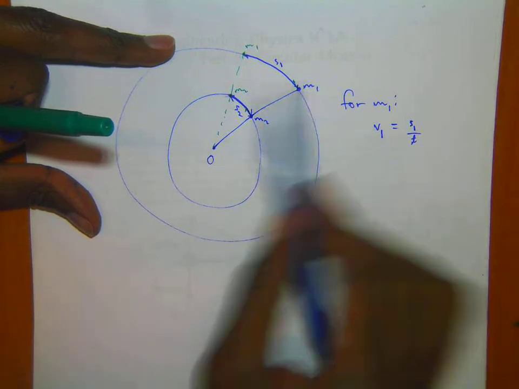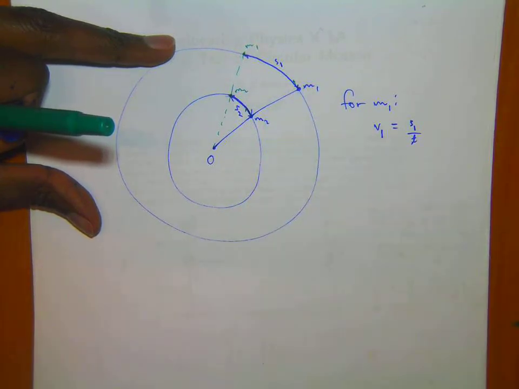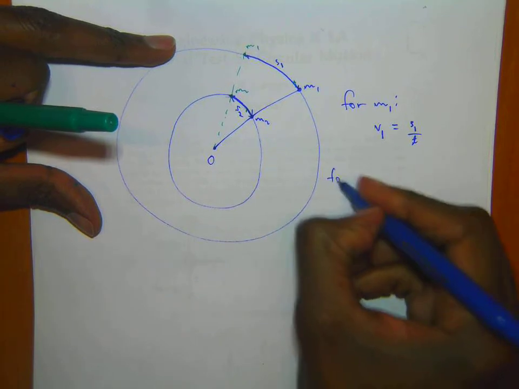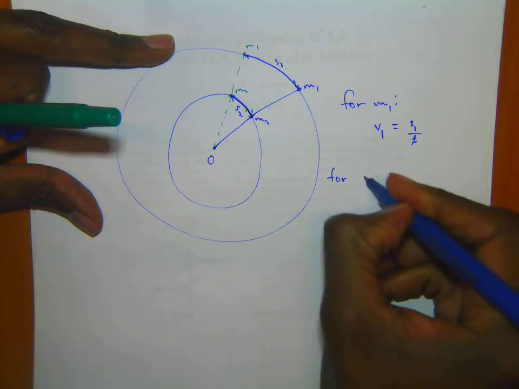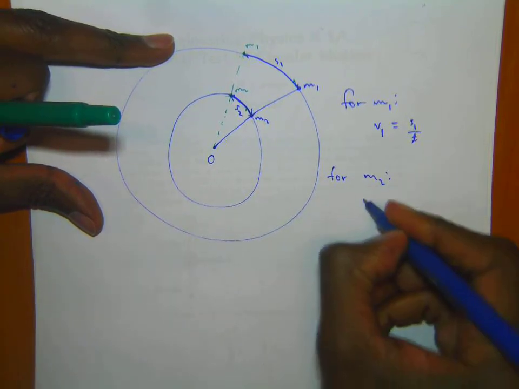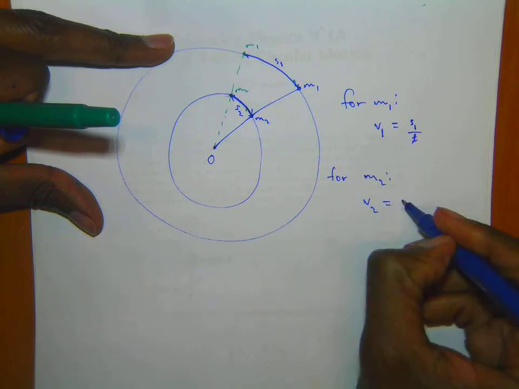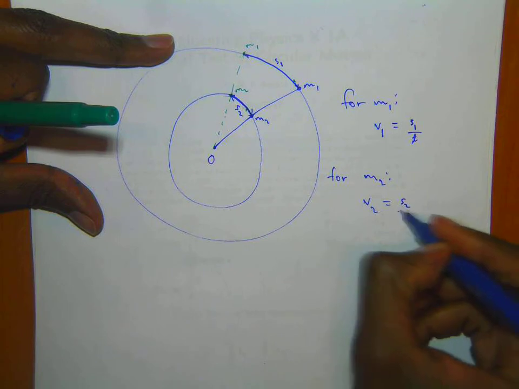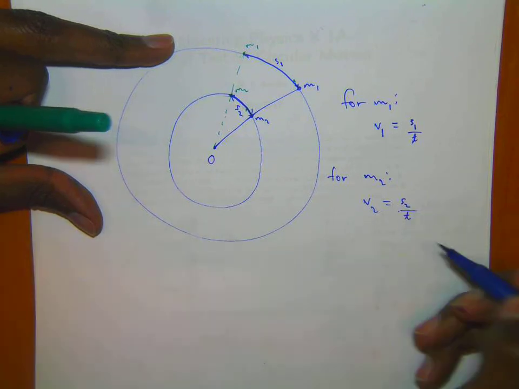They move from this position in the same time t. And for M2, V2 equals S2 divided by the same time t.